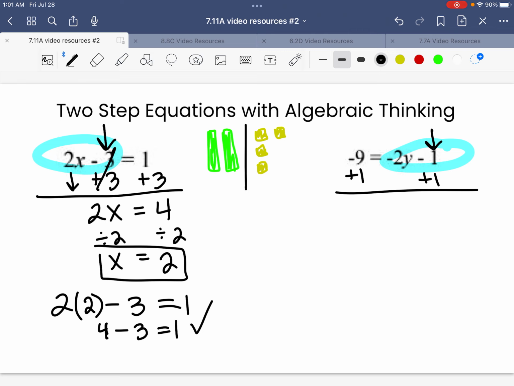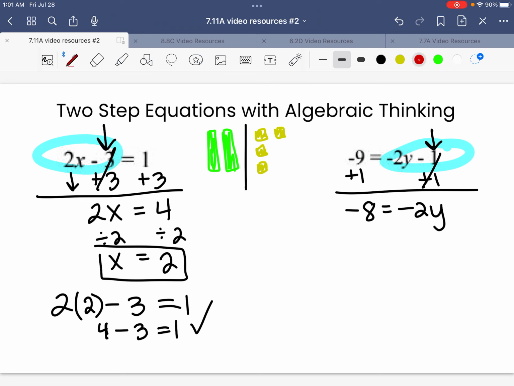So now when I go to simplify my equation, I know that -9 plus 1 is -8. And that will have to equal that -2y has not changed. But -1 and +1 did cancel because they made a zero pair. So now we're left with -8 is equal to -2y.